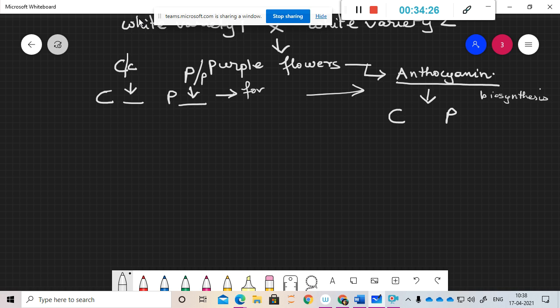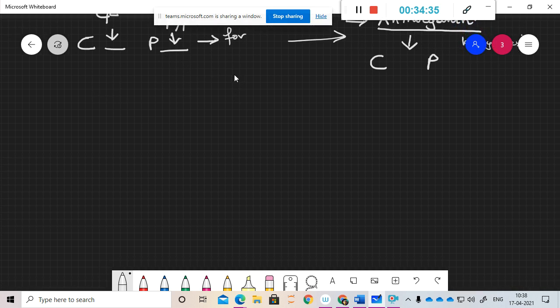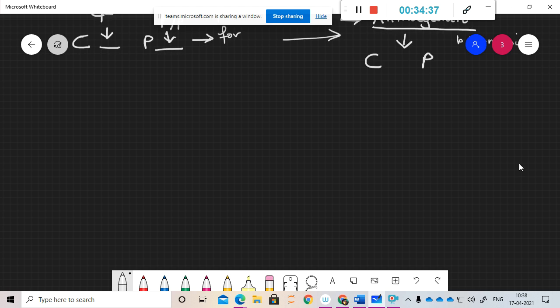So in this cross, the two varieties of white which were crossed were capital C, small p into small c, capital P. This was white 1, white 2.